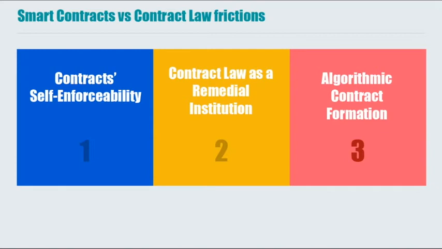I think they are self-executed, they are unstoppable, they are tamper-proof digital agreements, but they are not self-enforceable. The second idea, which I will explain in more depth later, is that contract law is more than remedies. It's also about setting the requirements for a contract to be legally binding. And the third is what happens when algorithms are involved in contract formation.